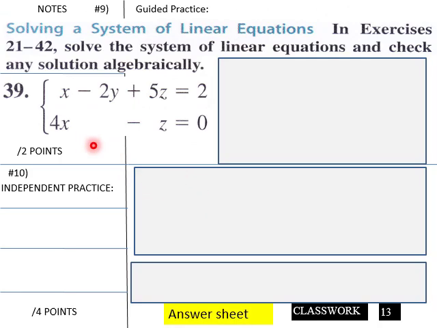Okay, so let's try one here. Solve the system of linear equations, check any solution algebraically. So we don't have a 3 by 3, we got a 3 by 2 here basically.